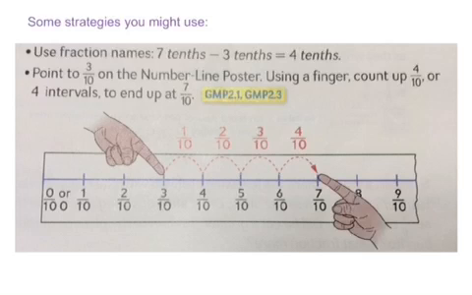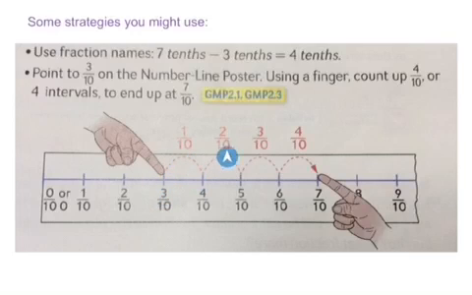And then here's some strategies I might have used to solve it. I could have used the fraction names again and said 7/10 minus 3/10. Again, using the tenths as the unit equals 4/10. 4 hats, like we talked about in class. Or I could be using the number line again. So I'm at 3/10, because that's how far Tyler was.